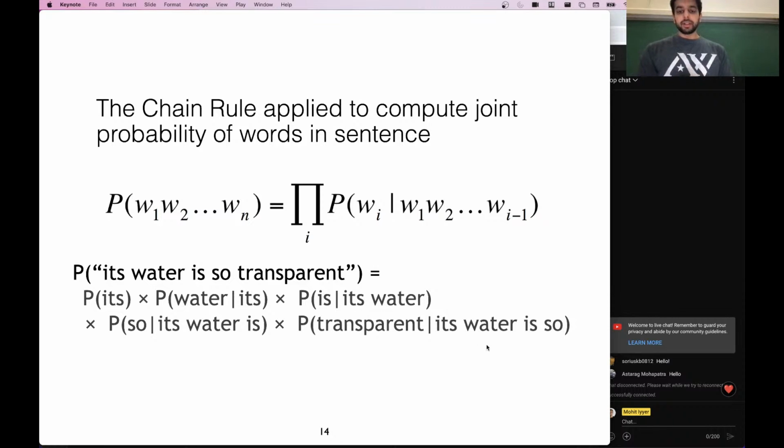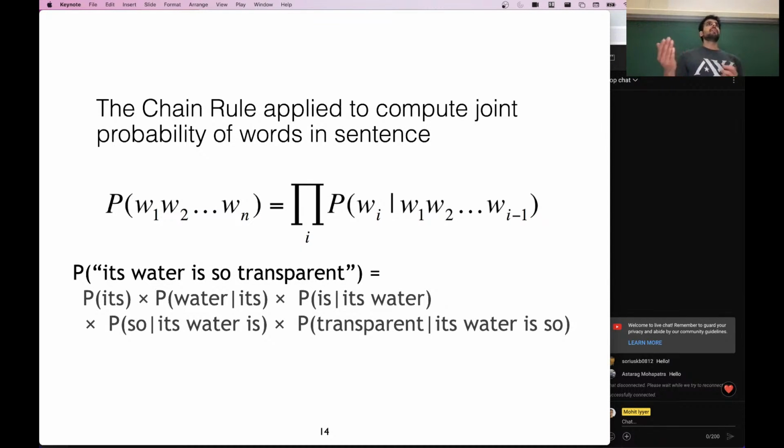Now, of course, if we look at this particular probability here, the probability of "transparent" given that the previous 4 words were "its water is so", it might be very difficult to find multiple occurrences of this prefix, right? "Its water is so." So let's say that it occurs twice.